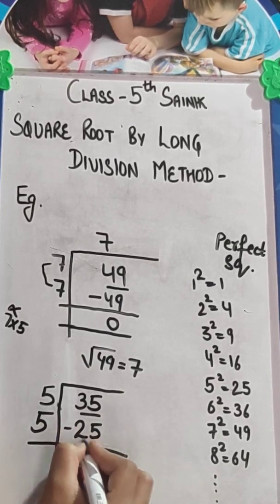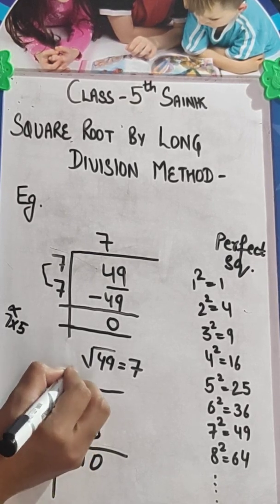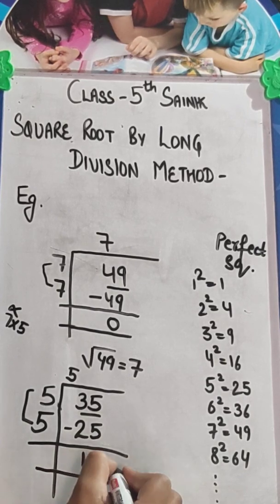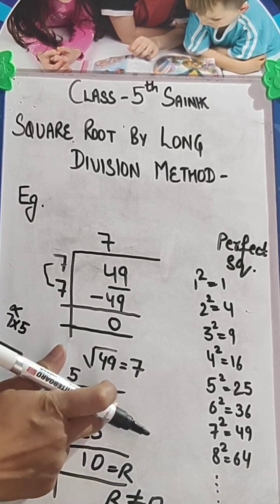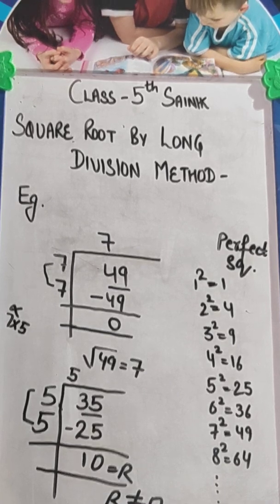Subtract them, and we will get 10 here, and from these two 5s I will write 5 here. As our remainder is 10, the remainder is not equal to 0, which means the number is not a perfect square. In this way we can also check whether our given number is a perfect square or not.